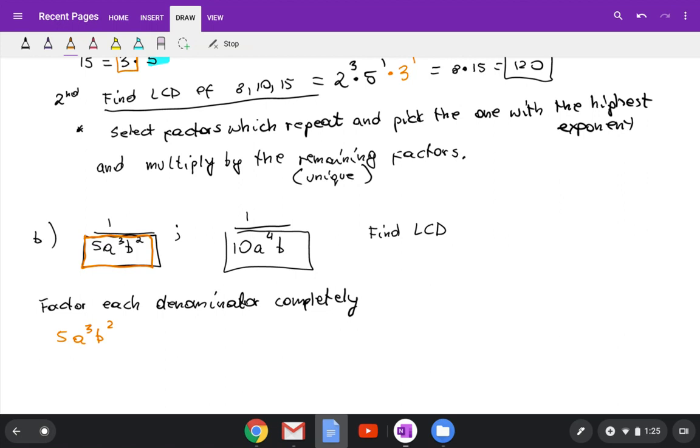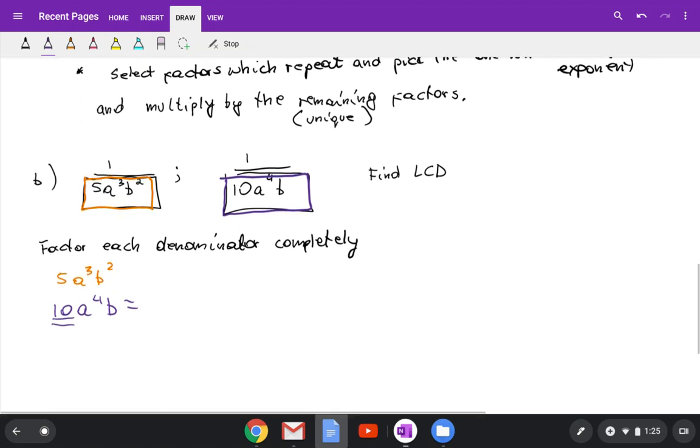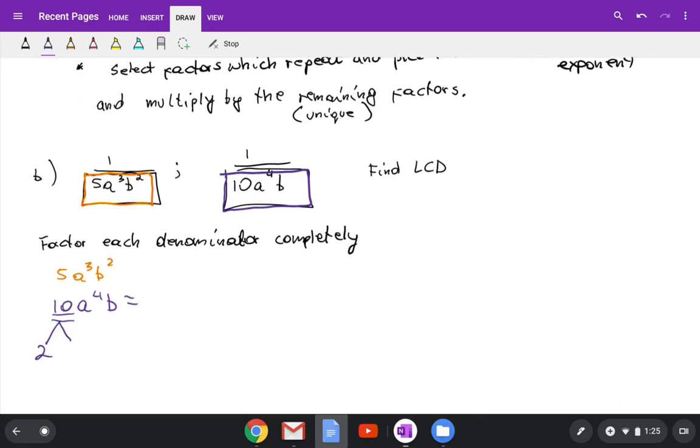This is already factored. 5 is a prime number, a to the third power, b second power, so there's nothing we need to do. Now, next, factor the second denominator, which is 10a to the power of 4b. So technically what you can do, you can factor 10. 10 is the same as 2 times 5. So rewrite 10 as 2 times 5. So we have 2 times 5 times a to the power of 4 and b.